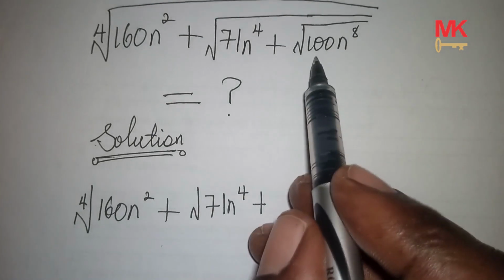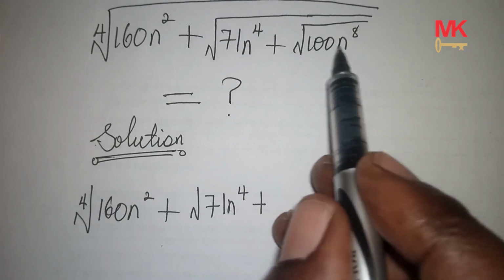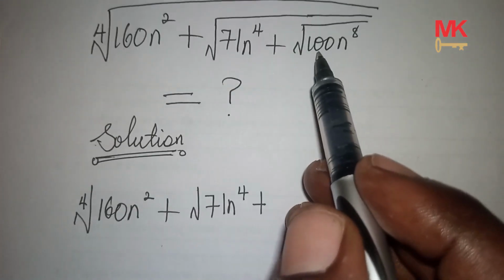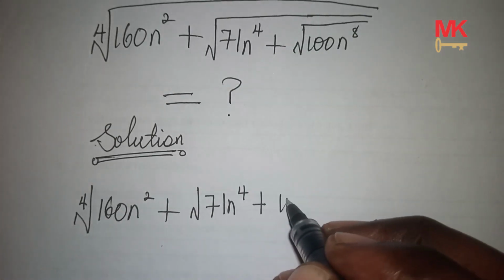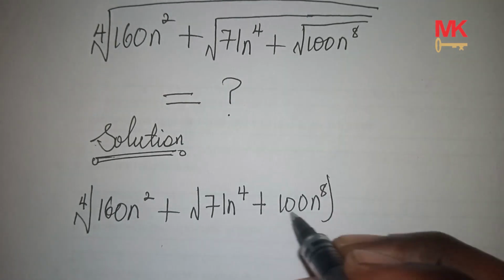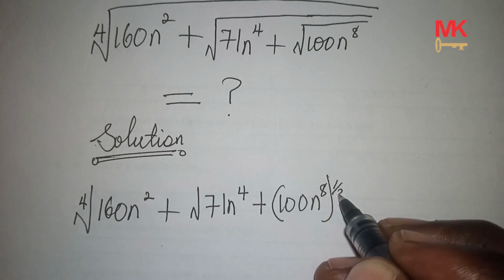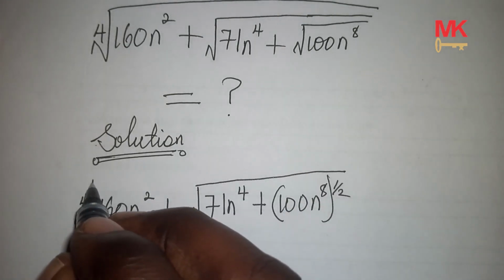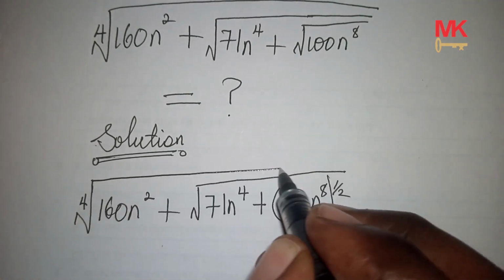So what we are going to do in this case here is to rewrite this whole thing as a power of half, because square root means power half. So that means this can be rewritten as 100n raised to power 8, all raised to power half. So we cover the first square root and then the outer one.